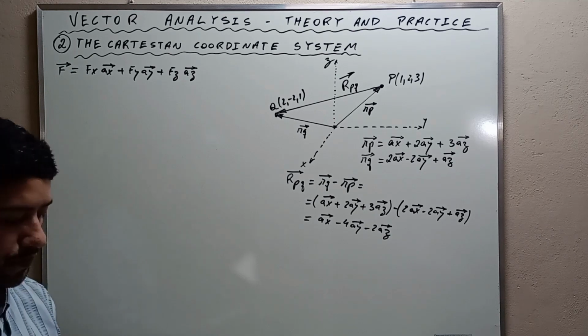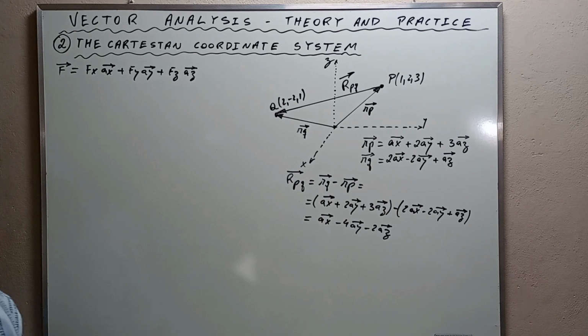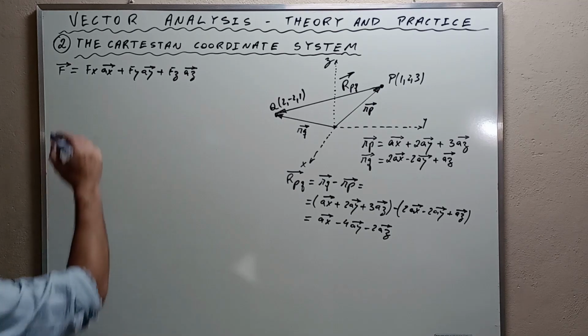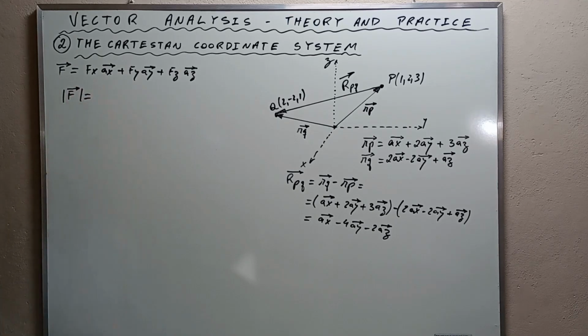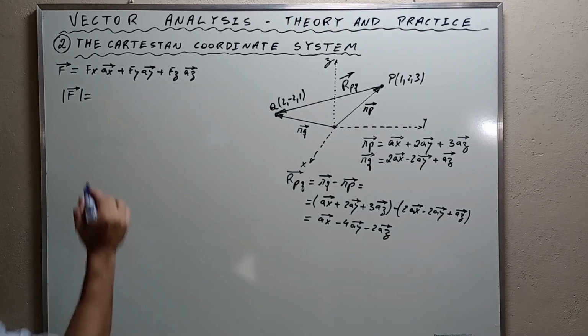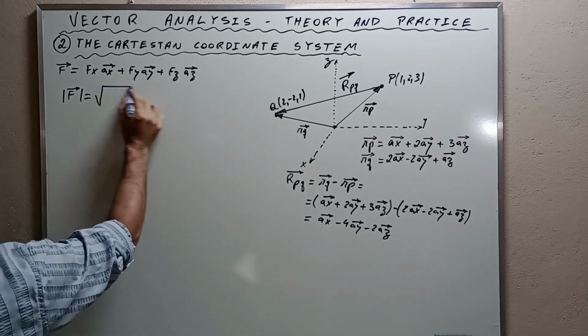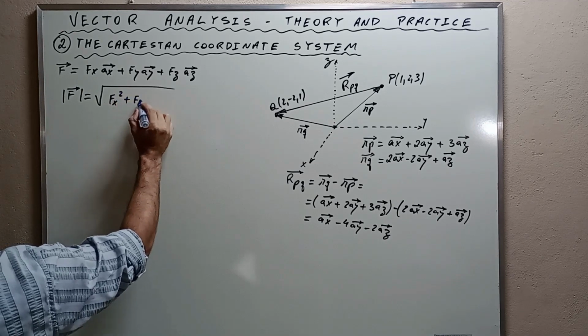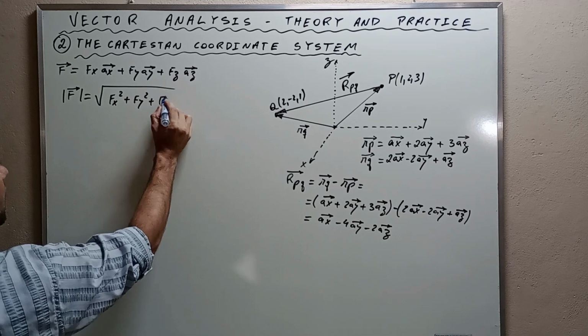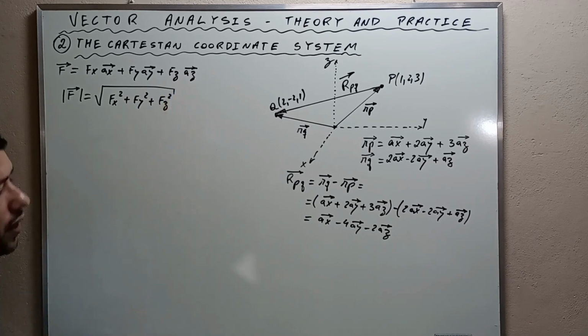and the magnitude. How do we compute the magnitude of a vector? The magnitude of a vector can be obtained from its components as the magnitude of vector F is going to be the square root of Fx squared plus Fy squared plus Fz squared.